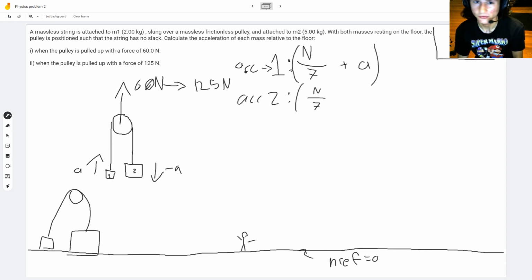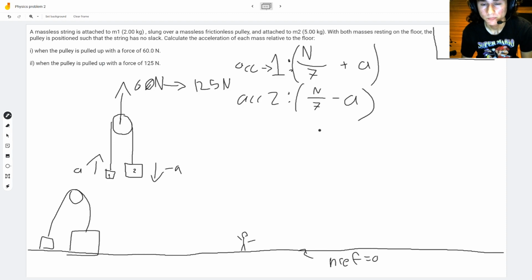That's where we get the 7 from, because we're adding 2 plus 5. Then, instead of adding it, we account for the direction of the acceleration of the bigger block by putting a negative in front of it, and we get negative a. So these are the accelerations in reference to the floor, but obviously we do not know what this a is.